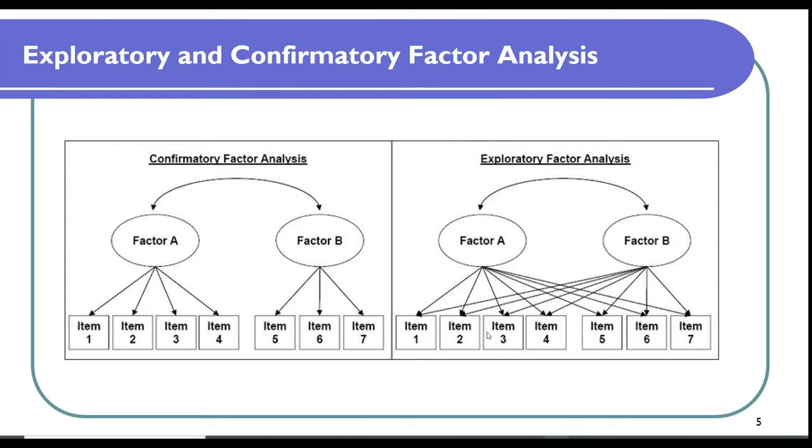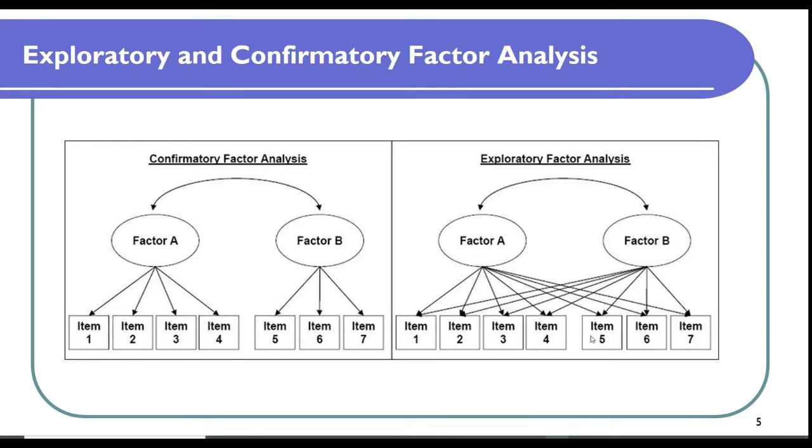As you can see on the right side of this screen, in exploratory factor analysis, we don't know whether item 1 is related to factor A or factor B. Or maybe item 5 is related to factor A or factor B. So any observed variable like item 1, item 2, item 3, these items we call observed variables or items.